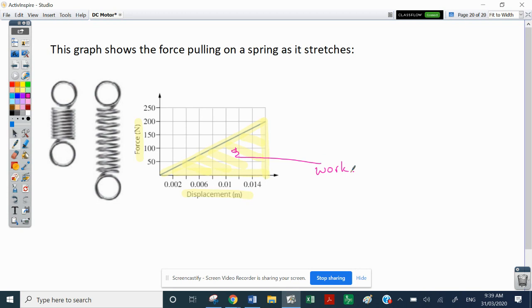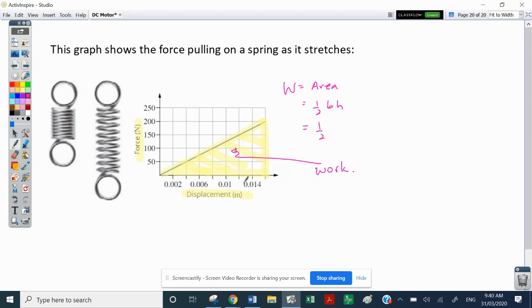Okay? So here we haven't got a nice force times displacement, because it's not a constant force. So we're going to simply use the idea that work equals the area, which is a half base times the height, being the triangle. So it's a half times the base.